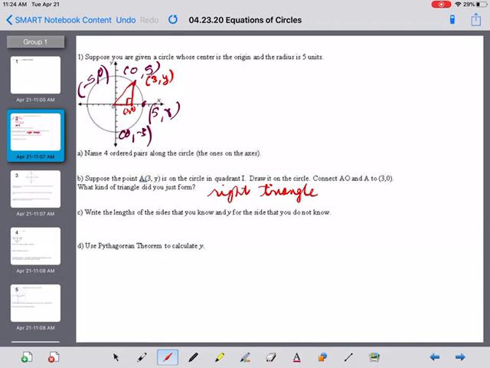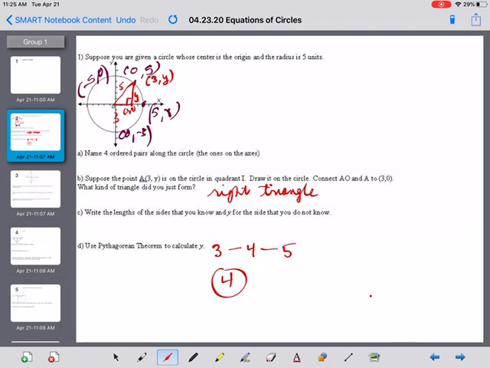Write the lengths of the sides that you know and y for the sides you don't know. So we have 3, y, and then we know the radius, or the hypotenuse, is 5. Use the Pythagorean theorem to calculate y, or you might have realized that's a 3, 4, 5 special right triangle.